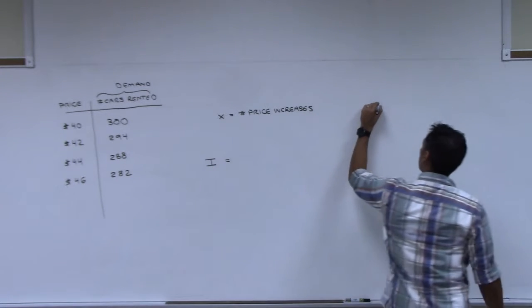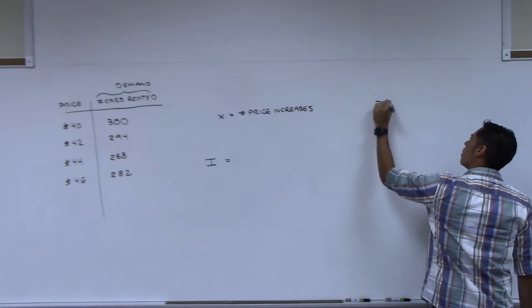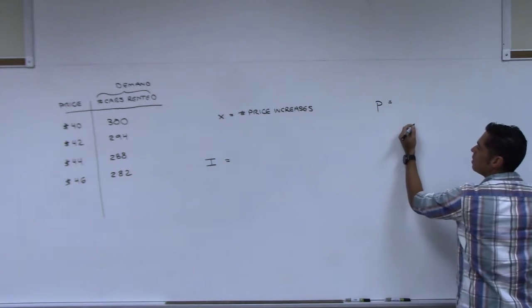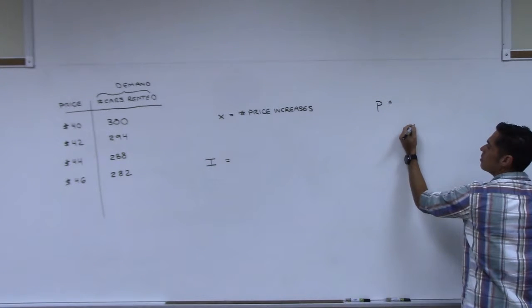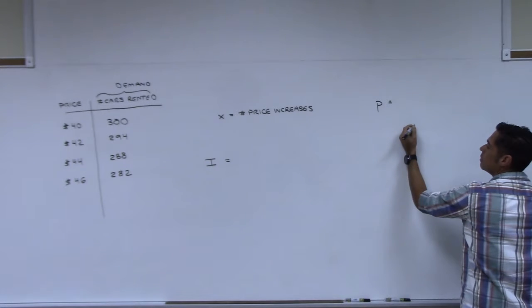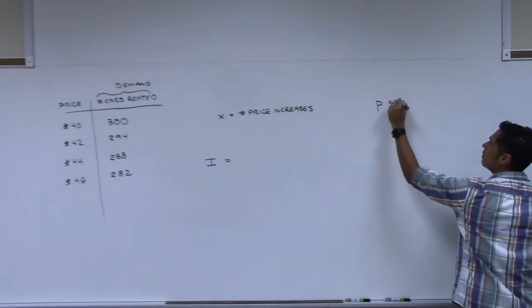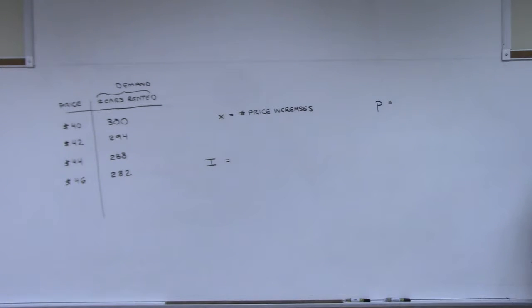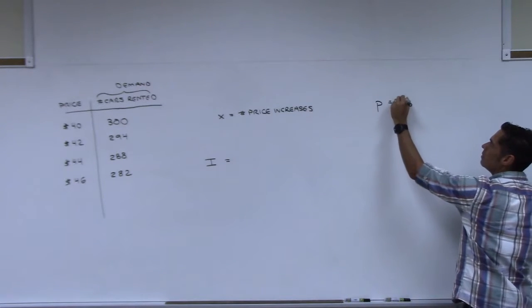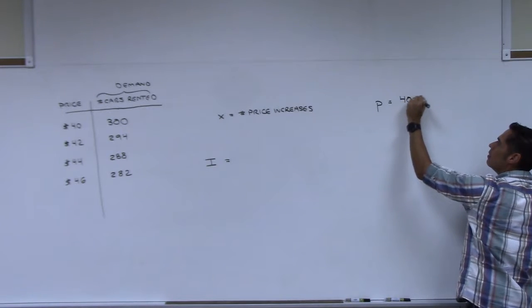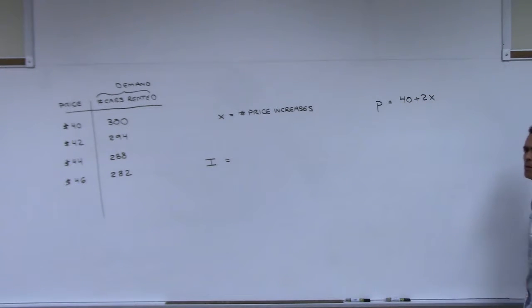P would be what? 40 plus... yes? Hello? Y'all there? Y'all have your notes? No? Y'all see what we did last time? Let's see if y'all agree with that or not.